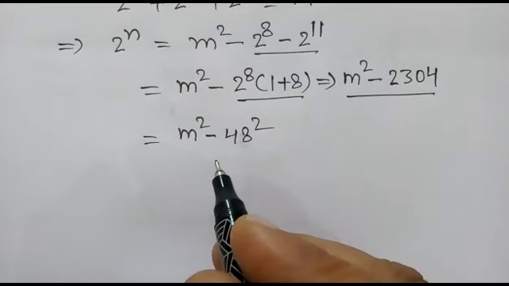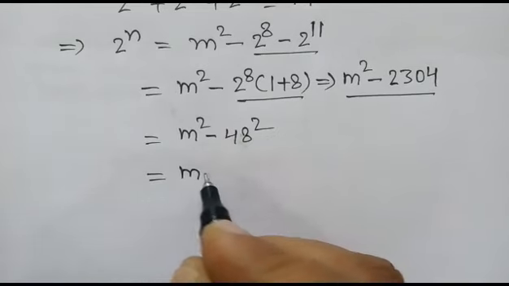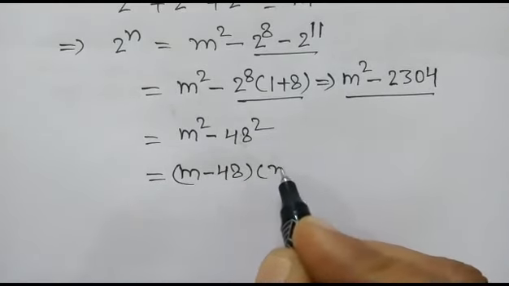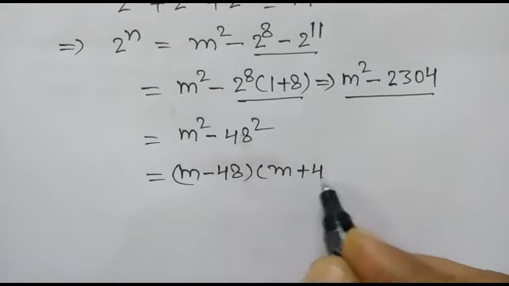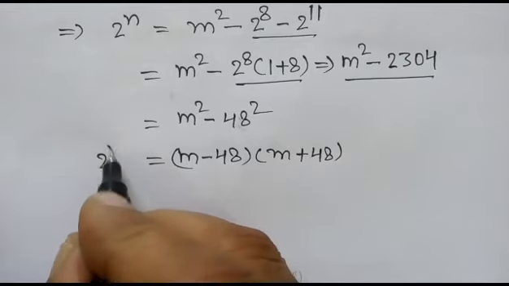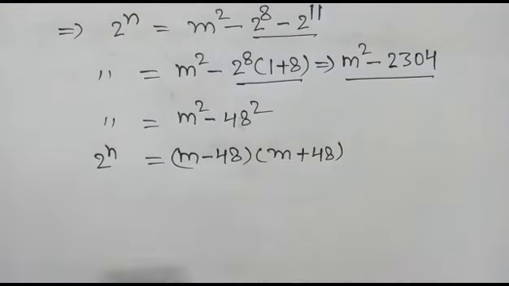So a square minus b square: m minus 48 times m plus 48, right? So 2 to the power n is equal to this.